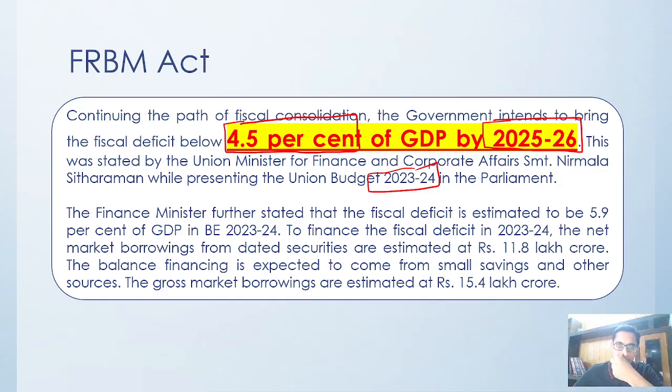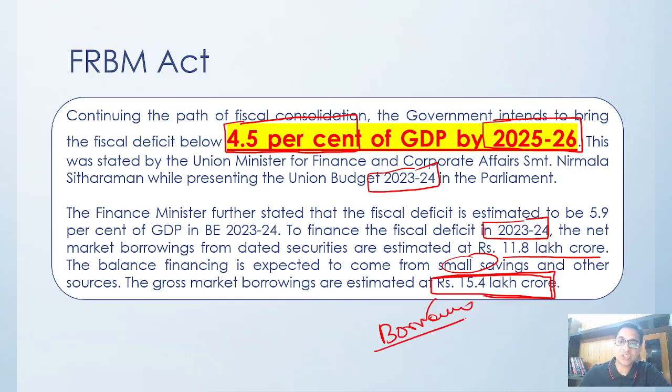Okay, so in 2023-2024 they said that around 11.8 lakh crore rupees of market borrowing has been done, and normally from small savings and other sources, so gross market borrowing comes out to be 15.4 lakh crore. That means this much borrowing the government has done. For that the government has to pay interest also on that money.